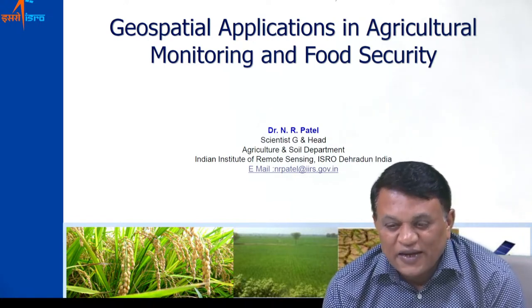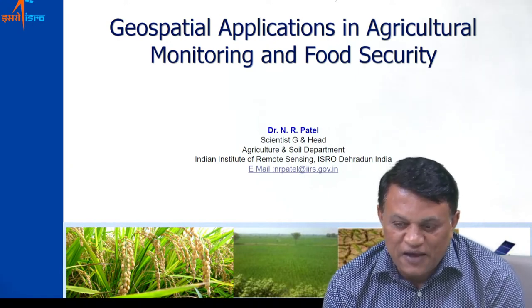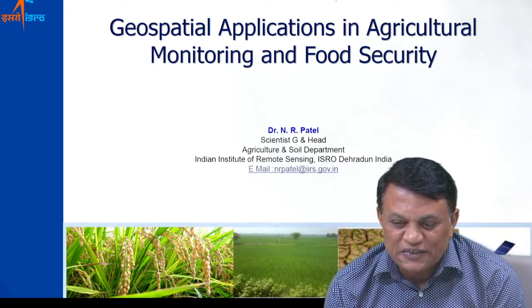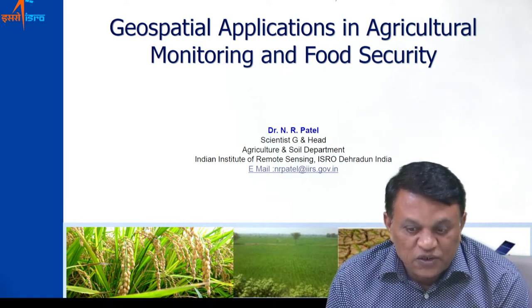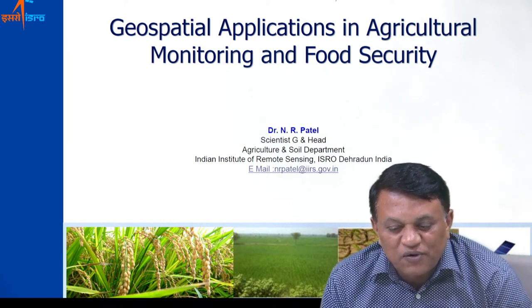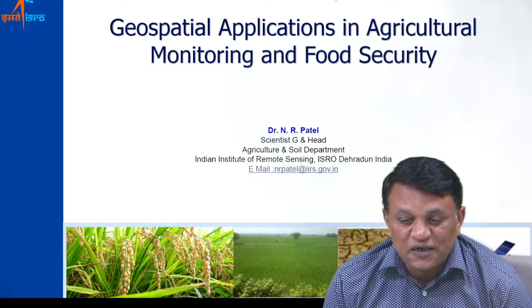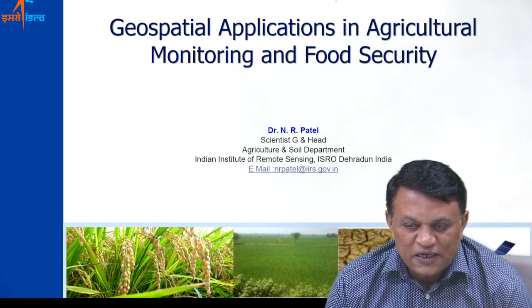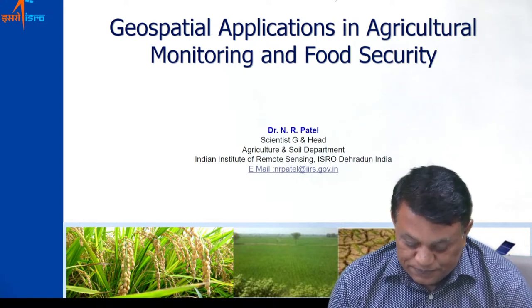So agriculture provides rich cultural diversity and supports the livelihood of large masses, not only in India but across the globe. So it is quite obvious to have this knowledge about how geospatial technology can help in achieving food security.